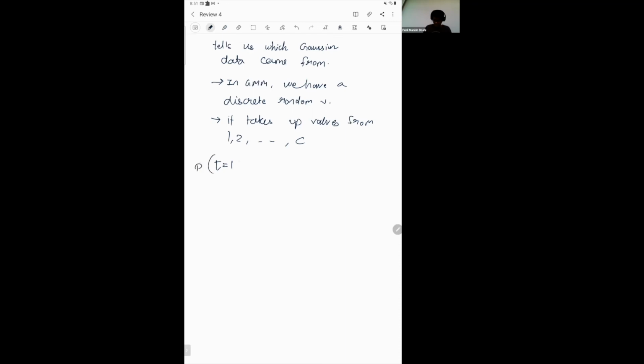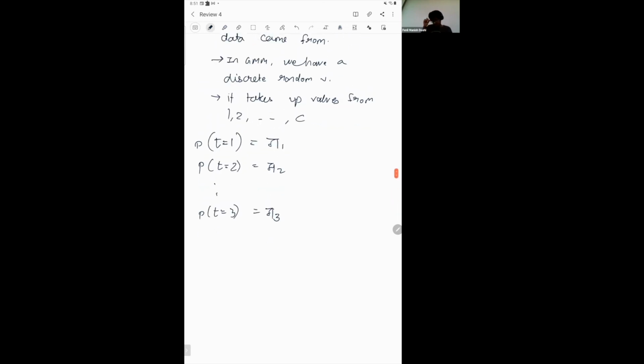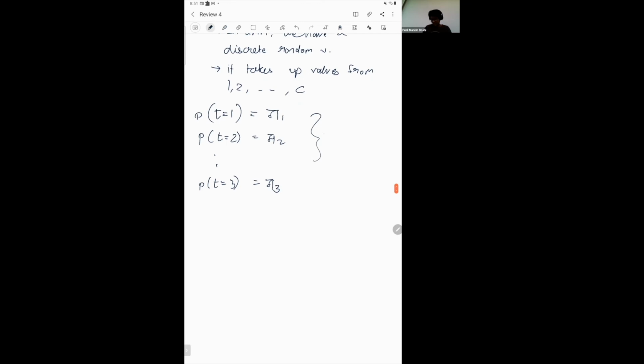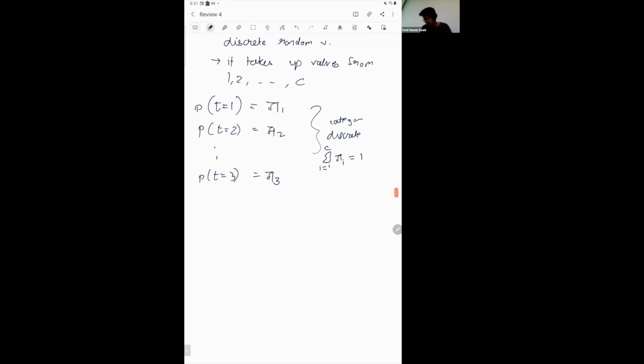The distribution that we have over our random variable is a categorical distribution, and for all the C's, we need this to sum to 1.